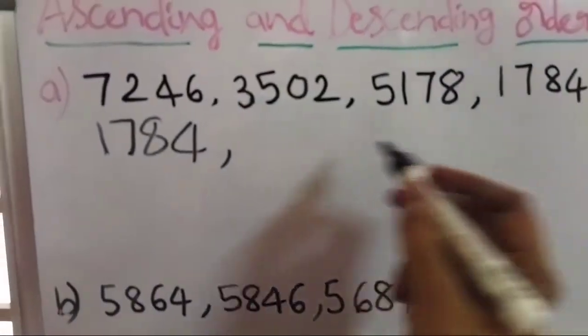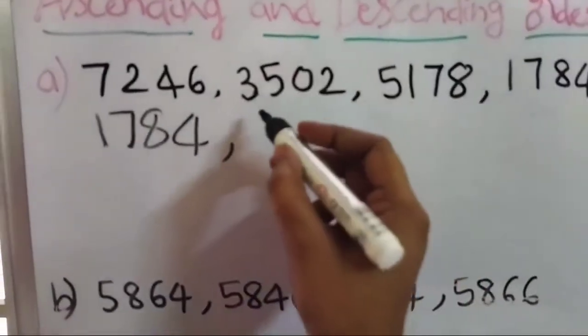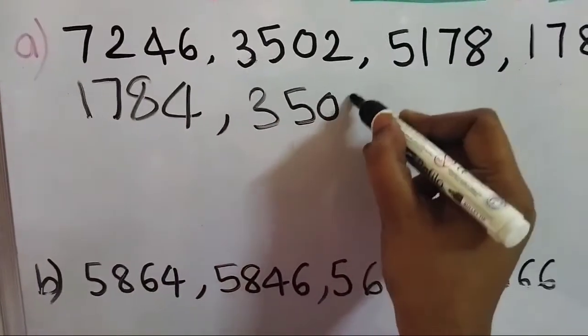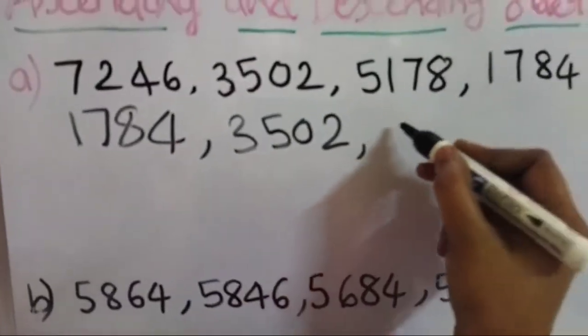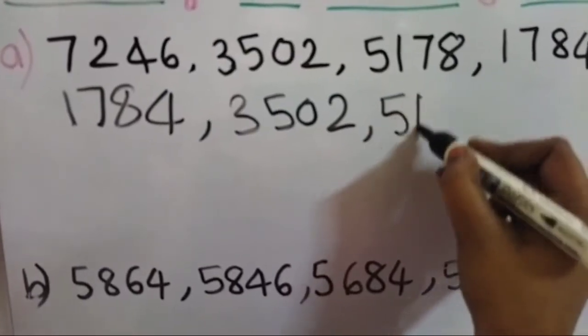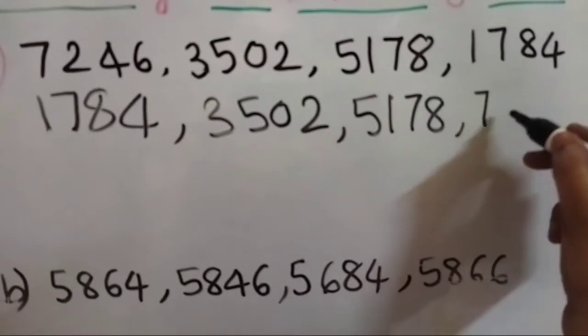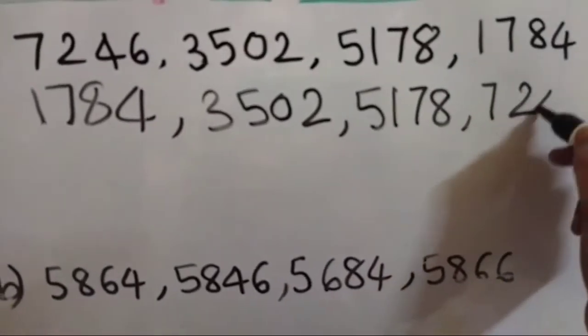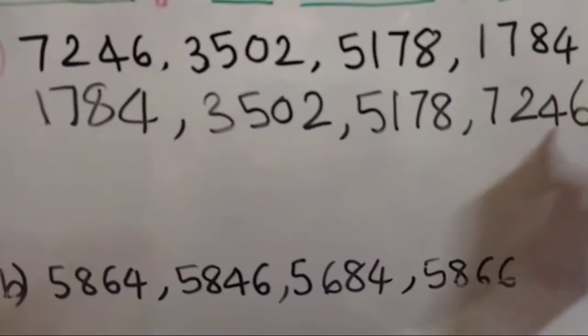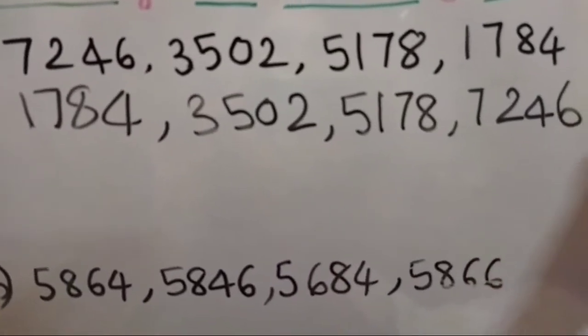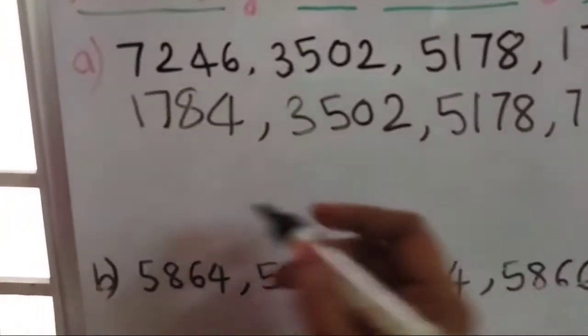Remaining numbers, what is the smallest digit in thousands place? 3. So 3502. Next 5178. And last number is 7246. This is the ascending order.